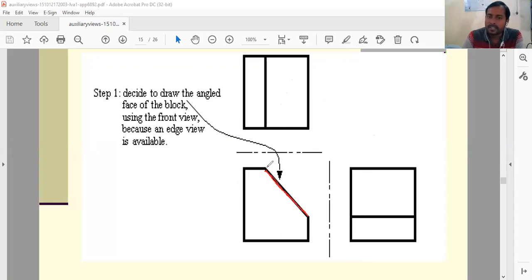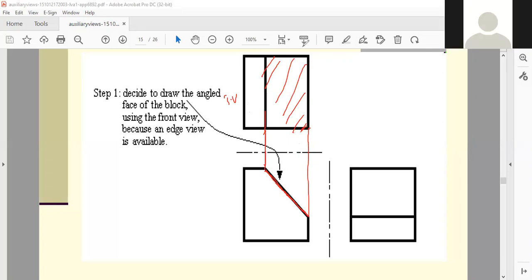So by using the top view, I want to draw the auxiliary view. So extend up to the top view portion. Next, extend another portion up to the top view. So this is the total area we recognize as the auxiliary view. Okay?